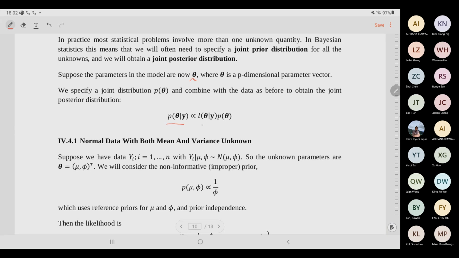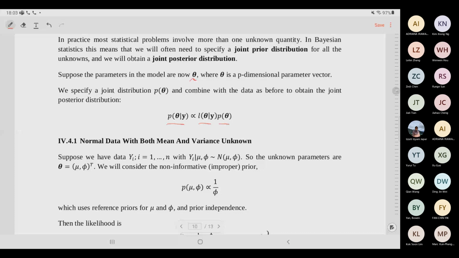And then we have the joint likelihood for the p parameters also, and we have the prior for the p parameters. Okay, so meaning that if you want to do this, we have to specify the likelihood for all the parameters and a prior for all the parameters, right? And we get a joint posterior for all the parameters also.